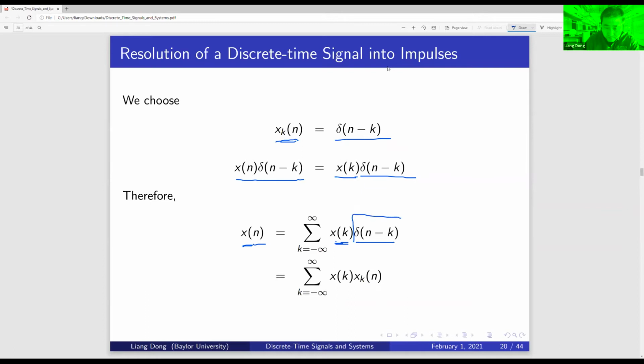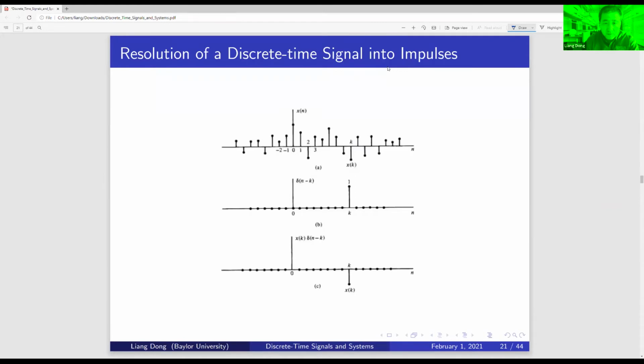And this part is my signal components. Those are the x sub k's. It's very clear to see on a picture what we have here. This is x[n], a discrete time signal, so we have a series of samples. Delta[n minus k] is just a delta function.